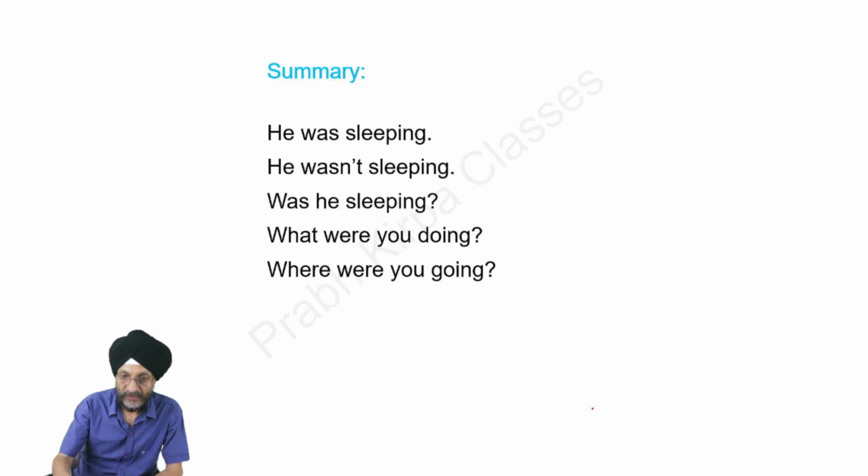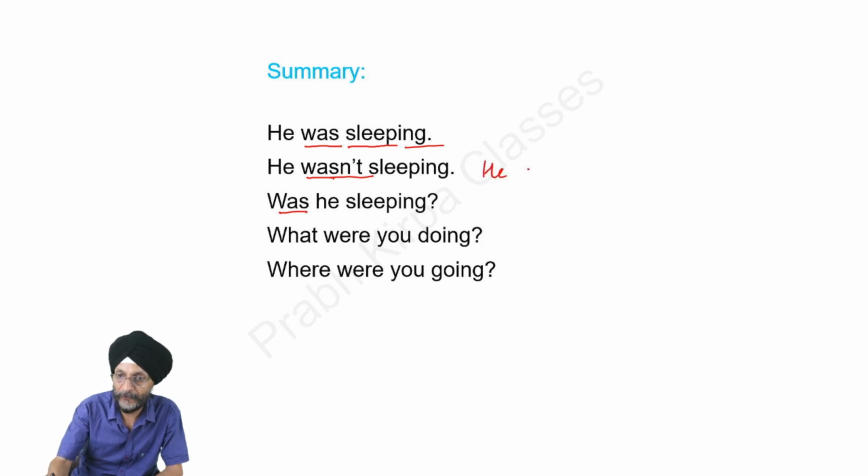Summary. Here you will see that "was" has been added in the case of he, she, it. "He was," and this is the first form of the verb, and ing has been added, and this is the contraction of the word "was not." "He wasn't sleeping." If we write in this way, this is also correct.